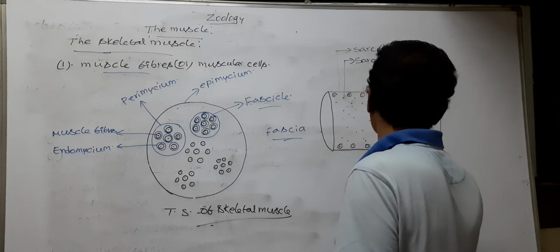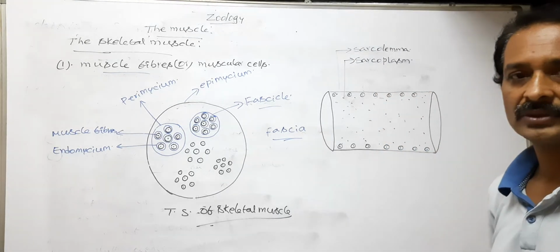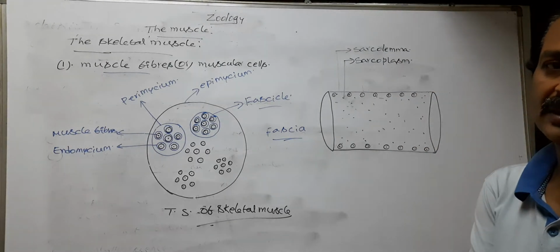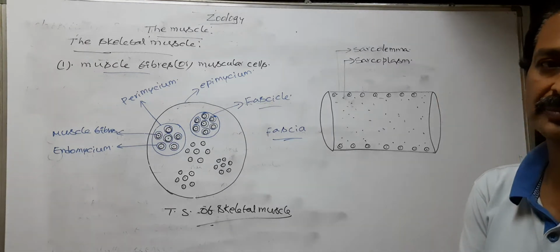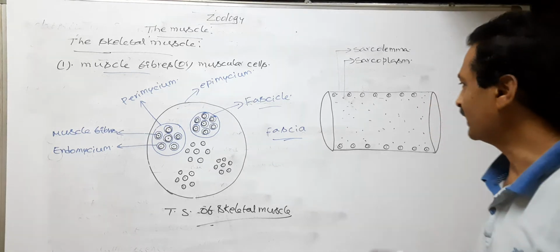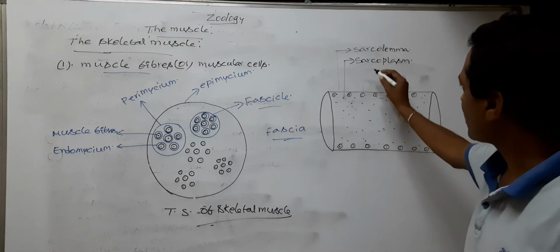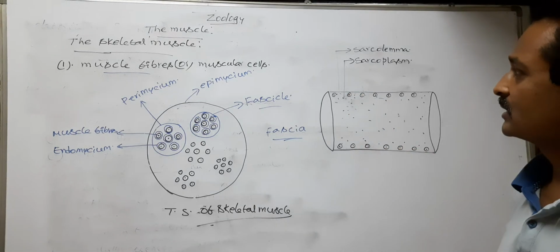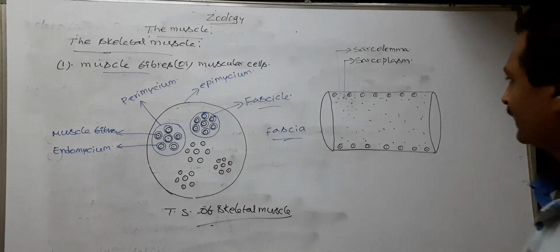The presence of many nuclei is called syncytium. Syncytium means having many nuclei. So the skeletal muscle fiber is a syncytium.